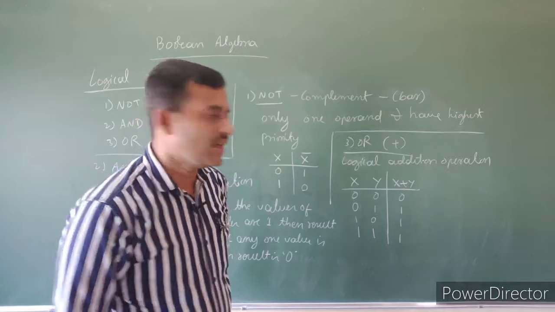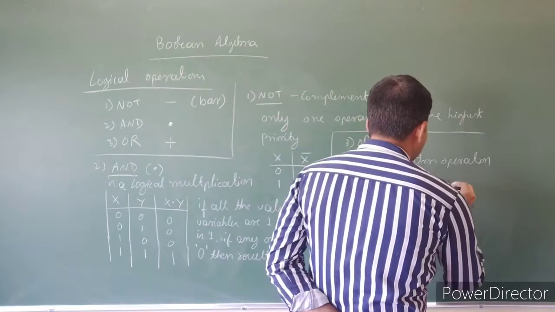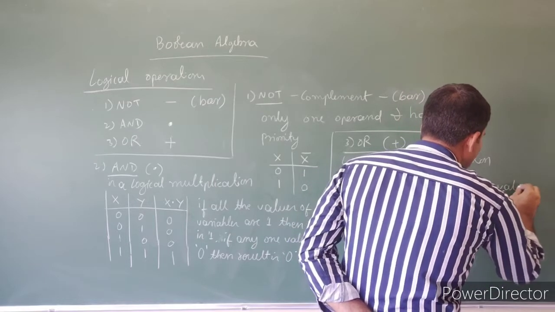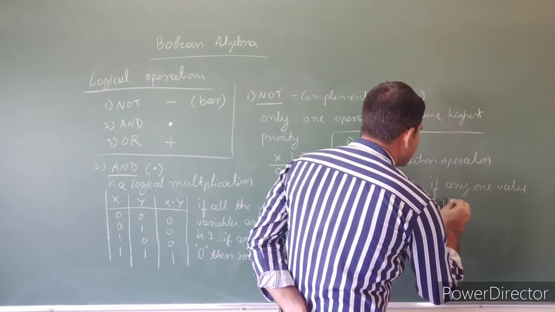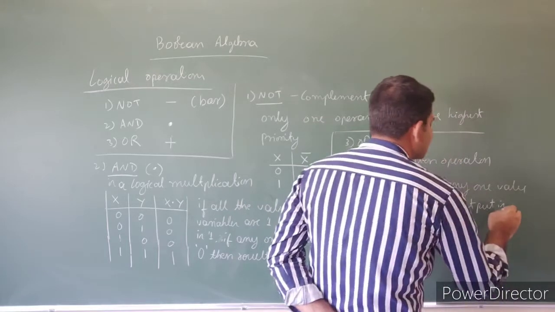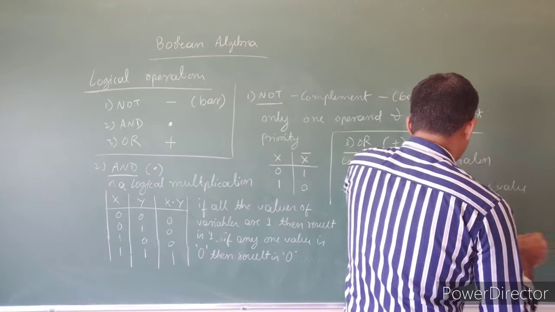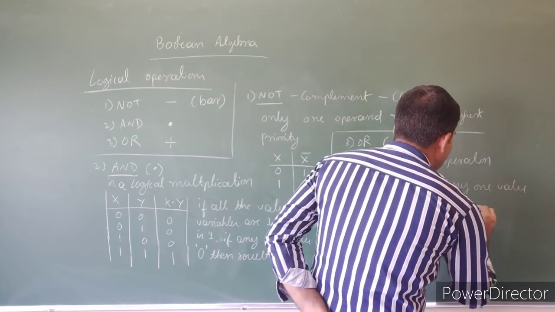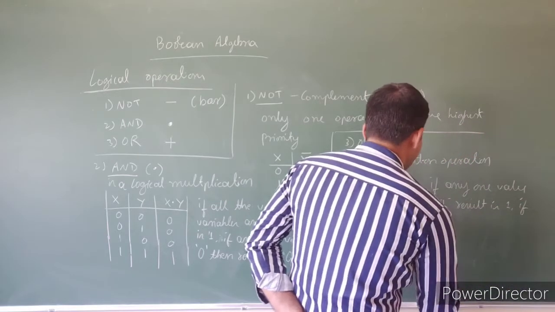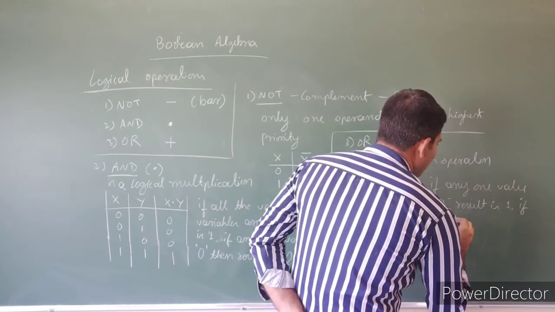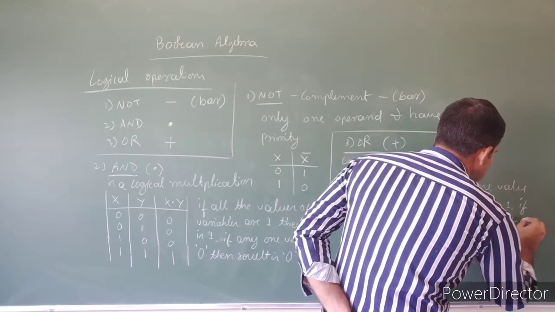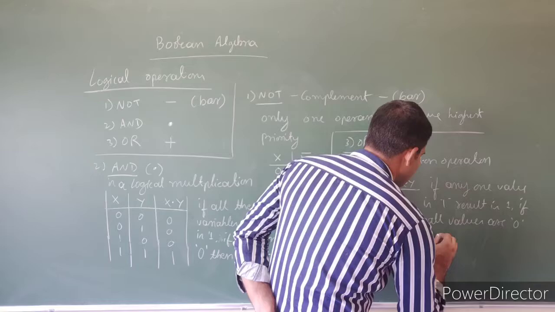What is the output here? If any one value is 1, the output is 1. Our result is 1. If all values are 0, the result is 0.